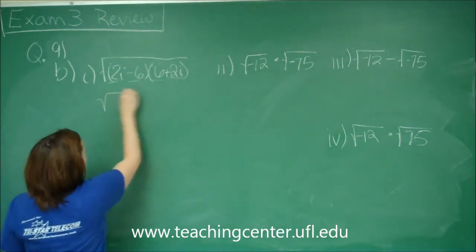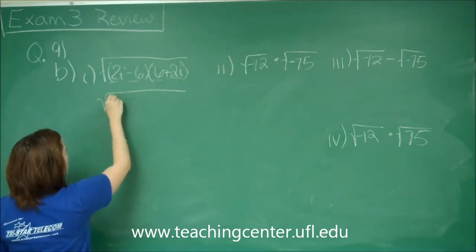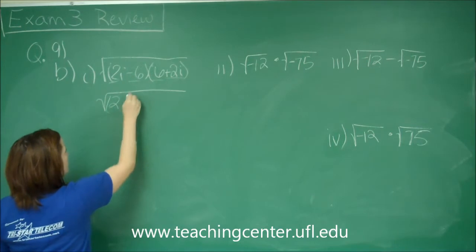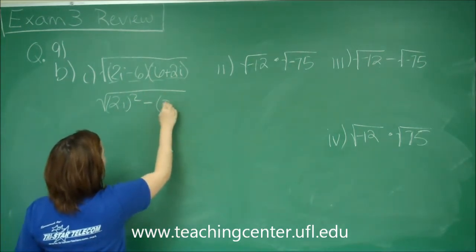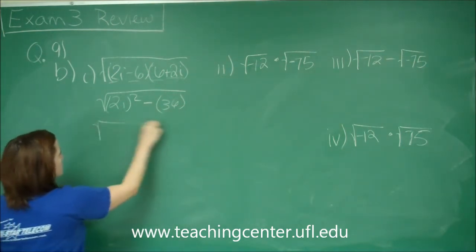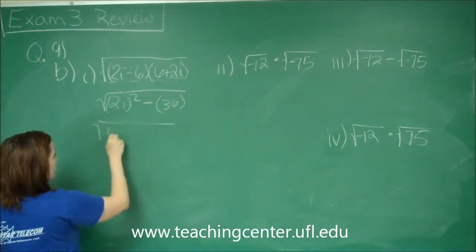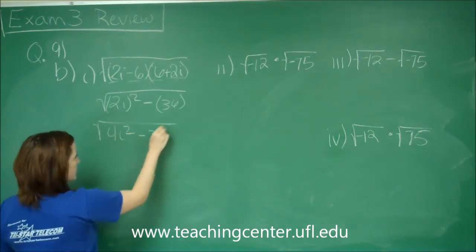So what we can go ahead and do is make this our first term squared, which would be 2i quantity squared, minus our second term squared, which is 36. And then 2i quantity squared will give me 4i squared minus the 36.